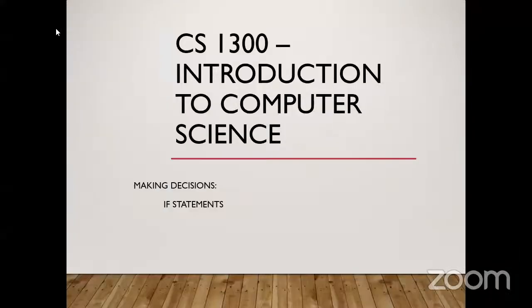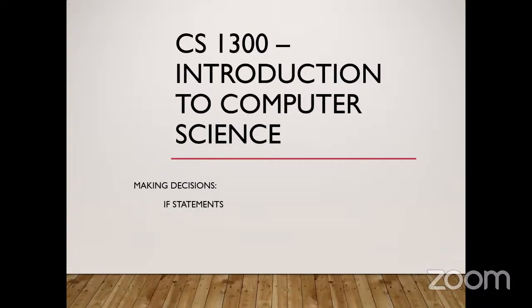All right. So we're going to talk about decisions, also known as conditional statements and if statements. What this code is going to help us do is, if you have a situation where you need to make a choice, I'm going to do something if my condition is true.